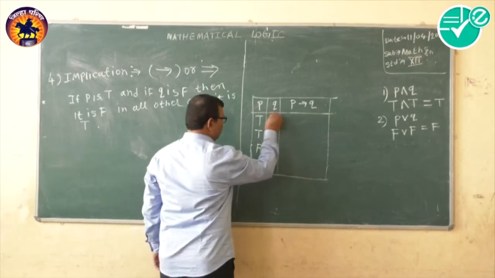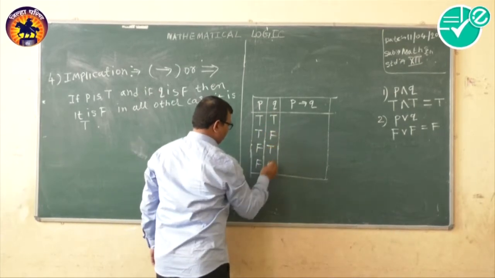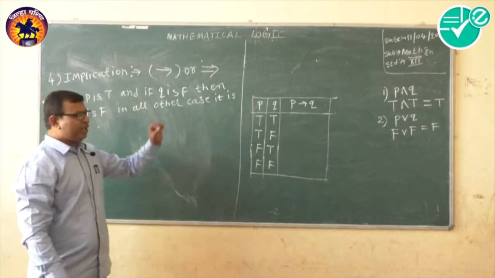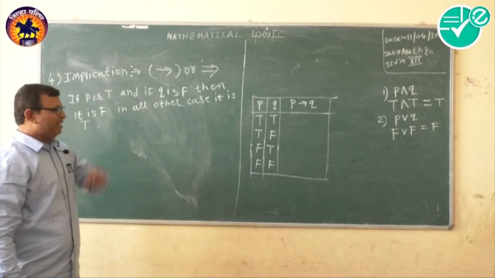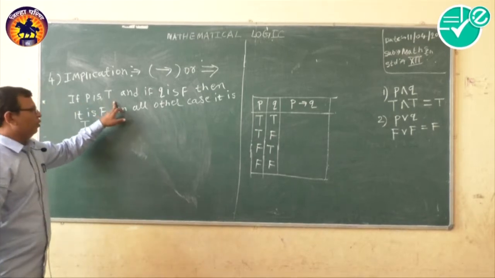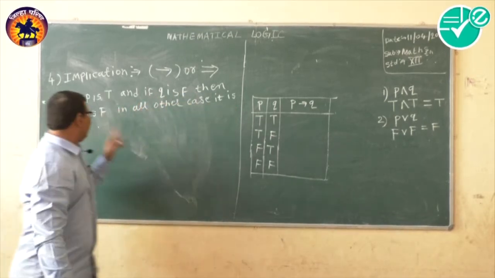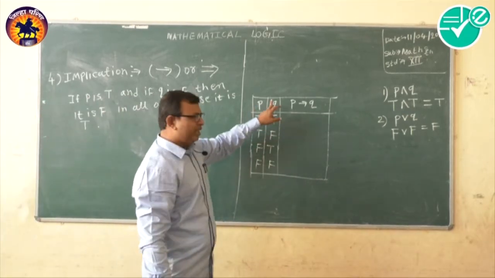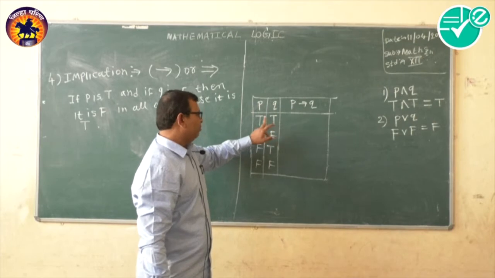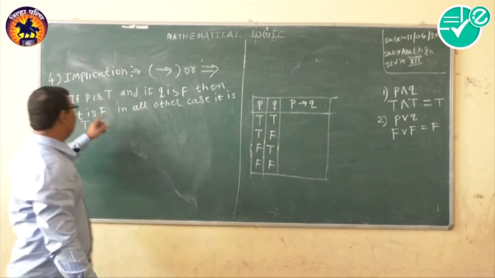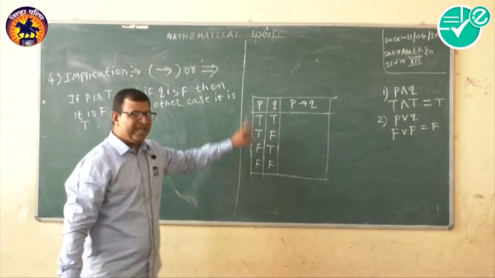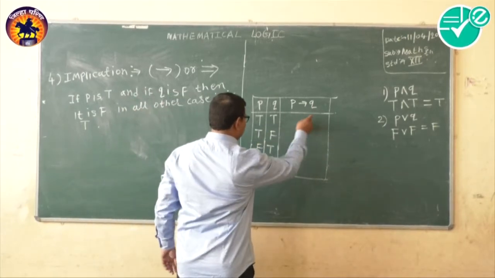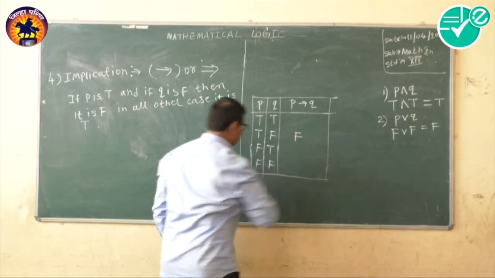That is true, false, true, false. Now, by the definition of implication, if P is true and Q is false, then it is false. In the first case P is true and Q is true, so this is not applicable. In the second one, P is true, Q is false, so we can say that P implication Q is false.